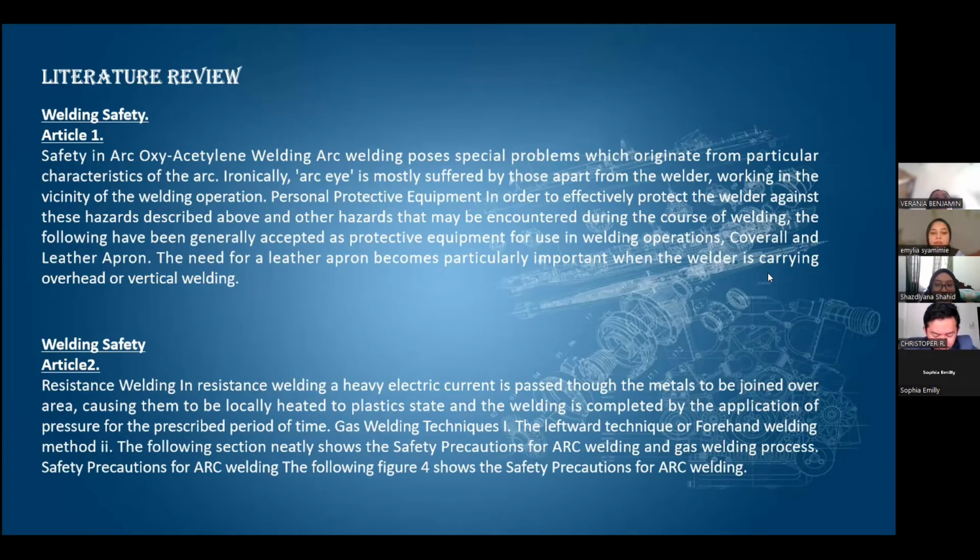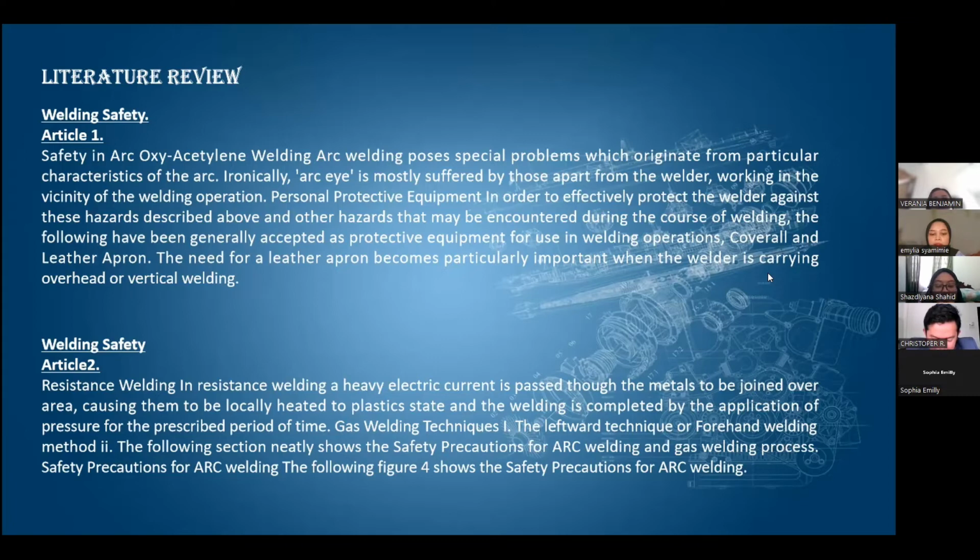For the Article 2, a review on troubleshooting, testing, and safety precautions procedure for welding process. This article's story about resistance welding is a technique used for the welding of metals and other materials such as plastics to create a more durable and corrosion-resistant product.